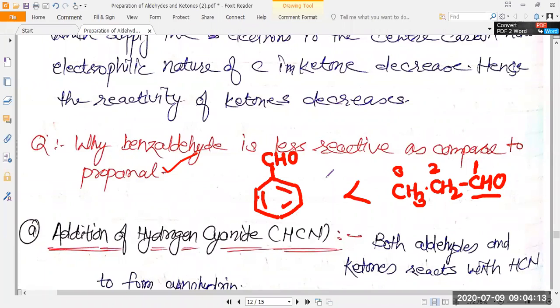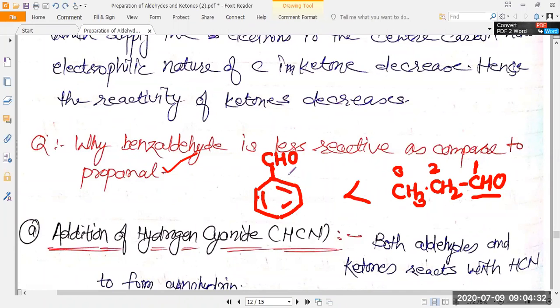Why is it less reactive? Because here this is the carbon, here is the carbon.